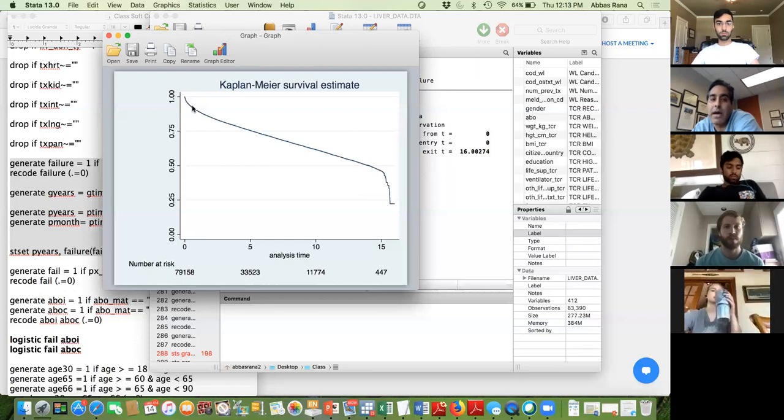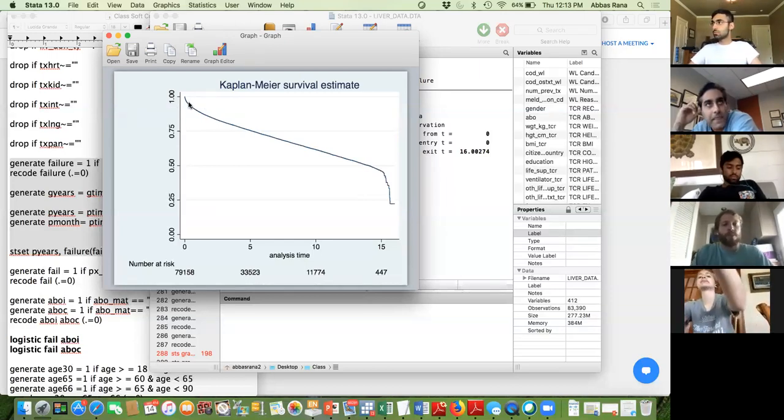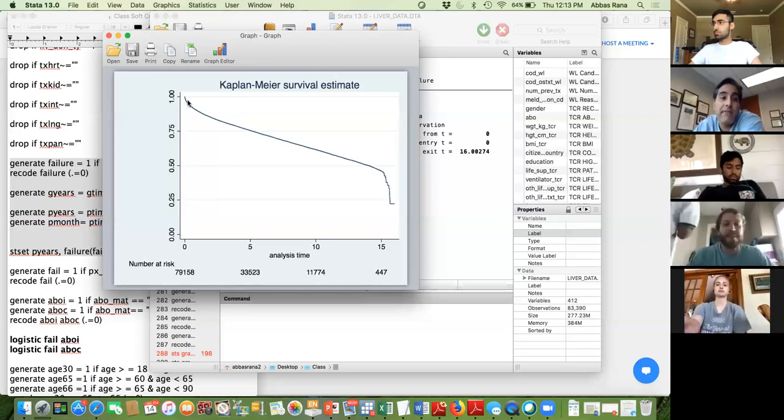This line will drop every time someone dies, okay? When someone is lost to follow-up or they're alive, it doesn't drop, okay? If they're alive, it is part of, it is included.